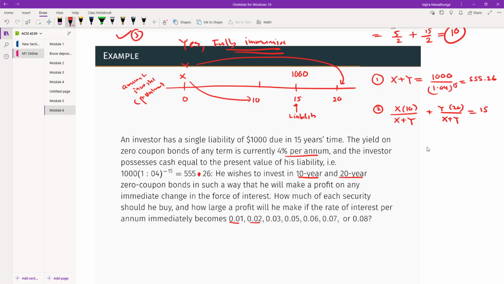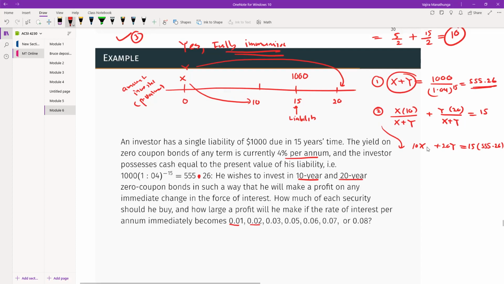So let's use these equations to solve X and Y. So the second equation is 10x plus 20y equals 15 times x plus y, which is 555.26, because x plus y equals this one. So now I'm going to replace one of x and y using equation 1. So equation 1 says x equals 555.26 minus y. So I'm going to substitute that in here.